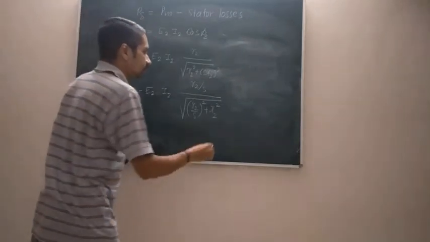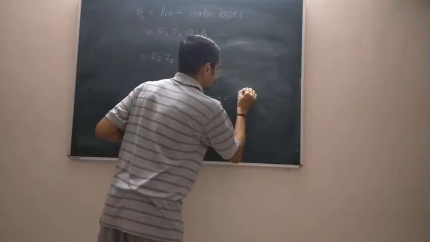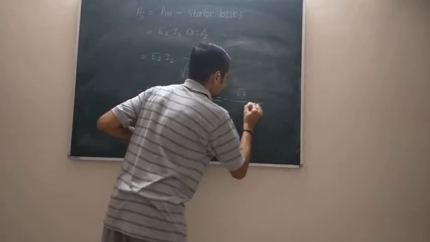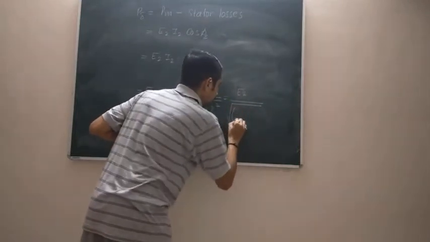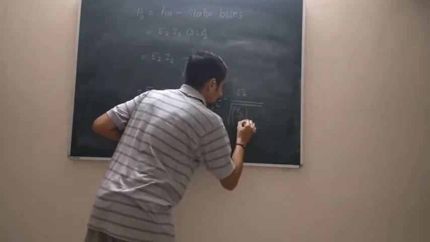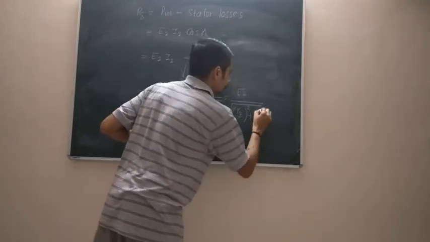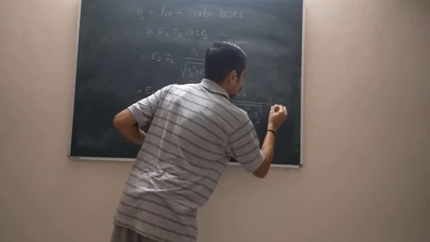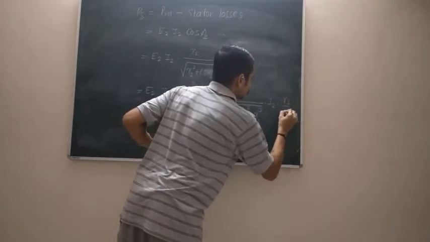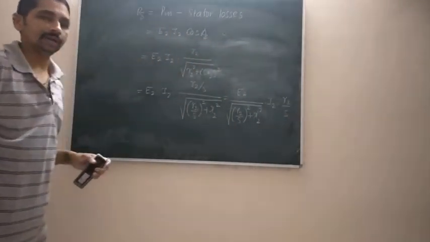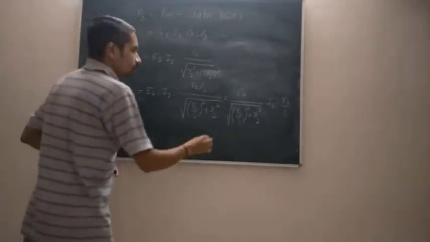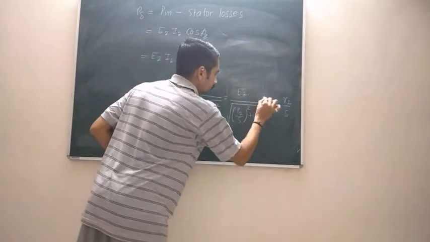So this equation I can rearrange in this particular fashion. It will be E2 upon square root of (R2 upon S) whole square plus X2 square, into I2 into R2 upon S. Now what is this?